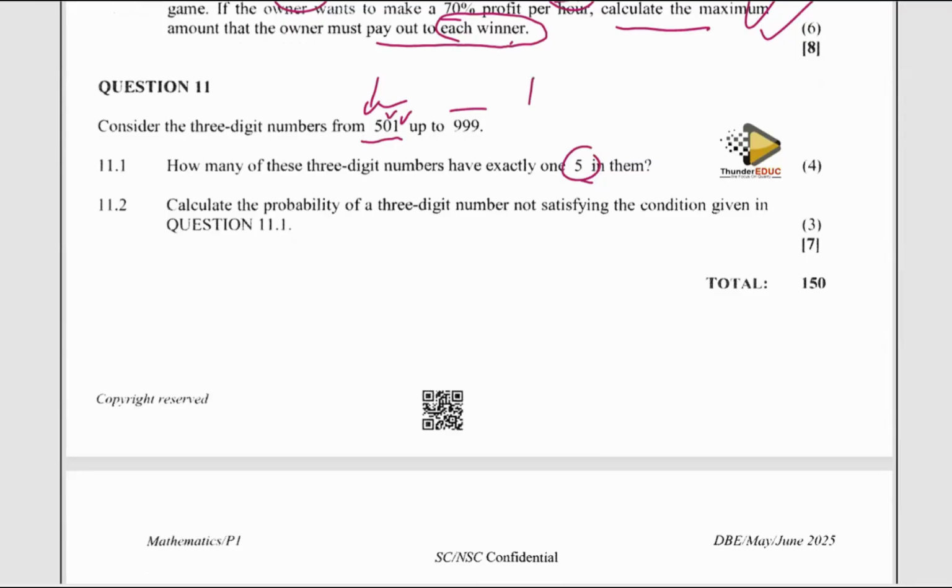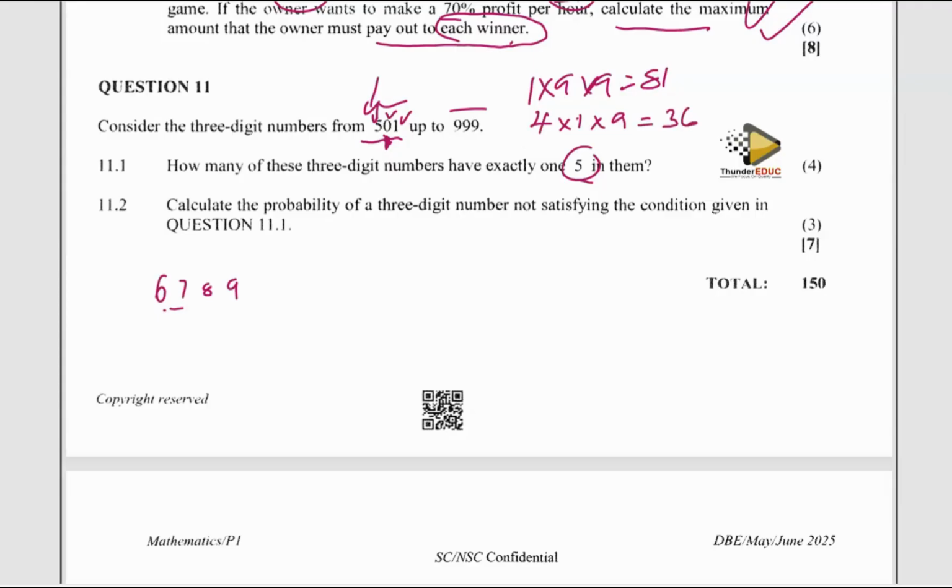So that's 1 times 9 times 9, which is 81 options. Then what if the 5 is in between? The number that comes first can be 6, 7, 8, or 9, so we have 4 numbers to choose from for the first one. The second one is fixed, which is a 5, and the third one can be any of 9. So this gives us 36.